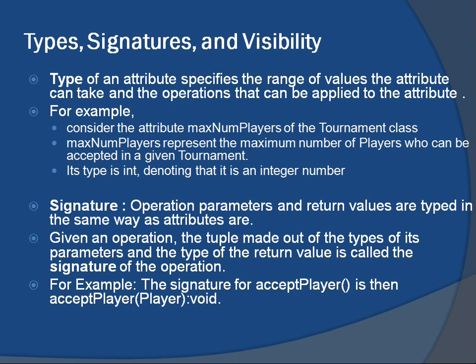For example, the signature of the accept player function here is acceptPlayer(Player): void. So what is its signature? The return type value which the operation is going to return to the calling function indicates the signature of the operation.